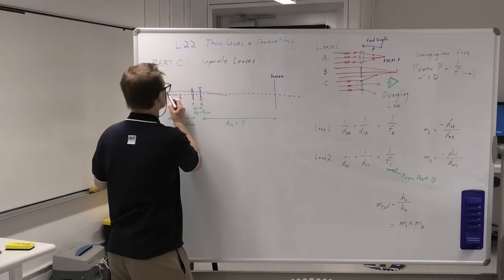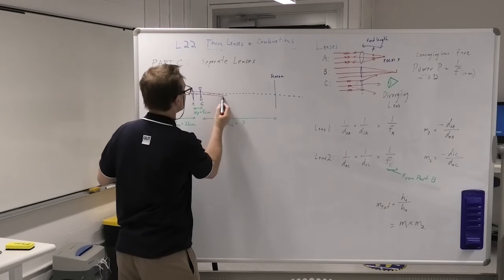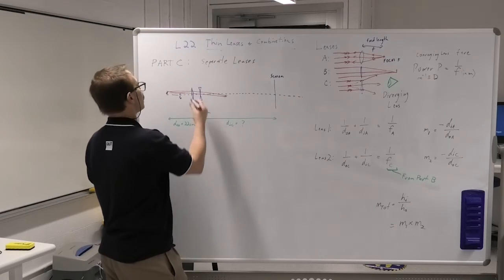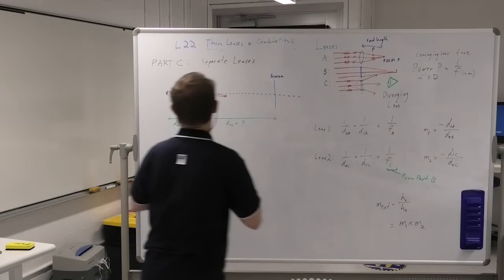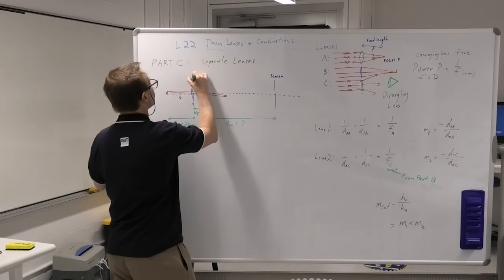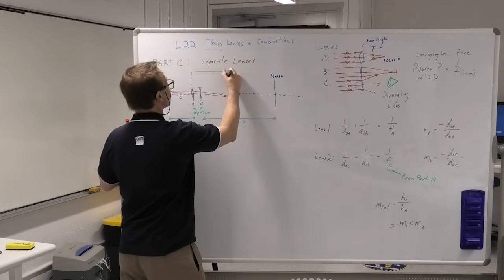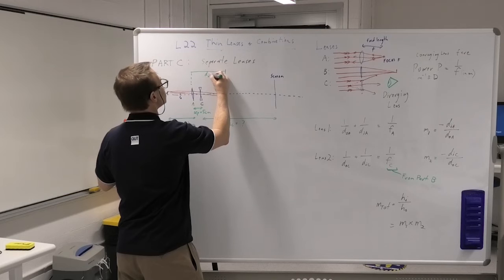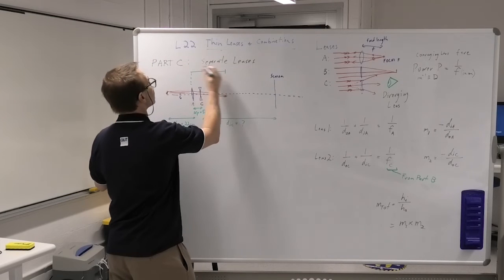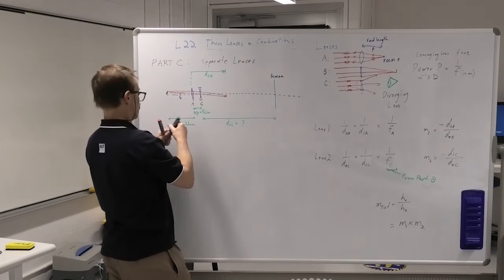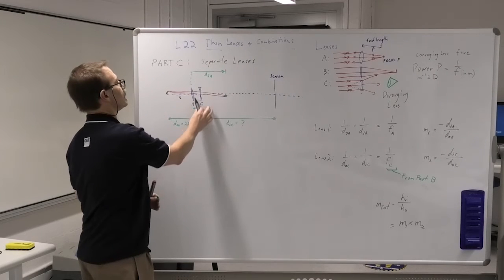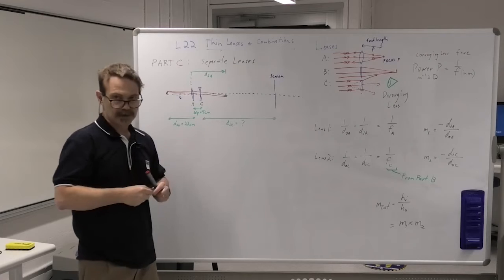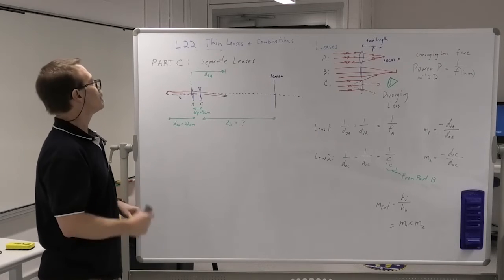So if we keep pretending that lens C never existed, we would get a lens A forming an image back here somewhere, and we would measure the image distance from lens A back to this point here, as though lens C never actually existed. So we do that.